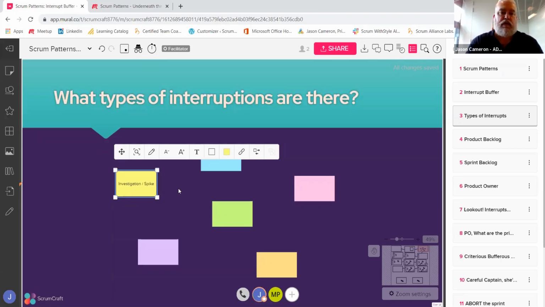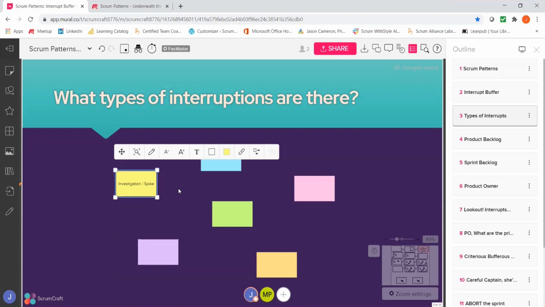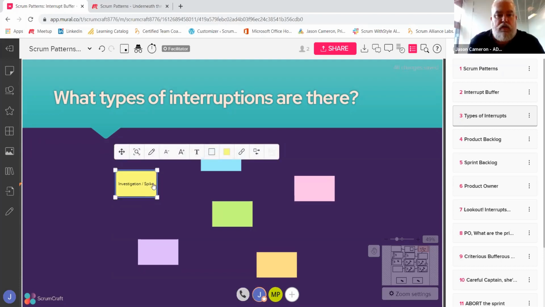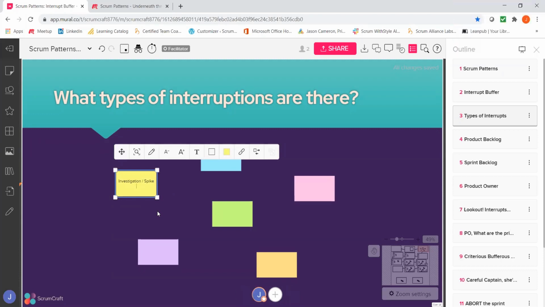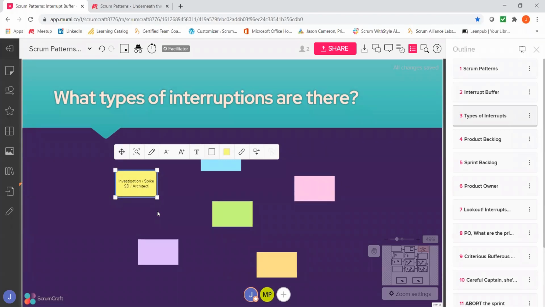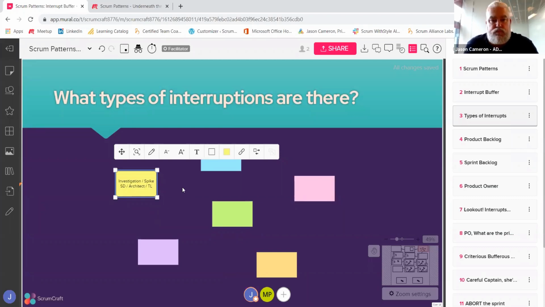Who would be a stakeholder that would be trying to introduce this? This probably would be my technical manager or tech guy, whoever it is mostly. Yeah, okay. So maybe we can call him a solution designer or architect. Yeah, that would be appropriate. Tech lead of some variety. Yeah.